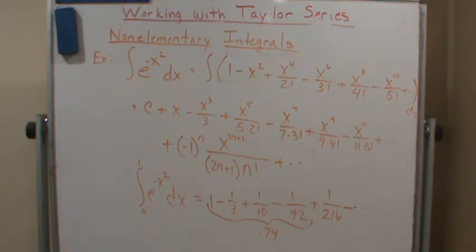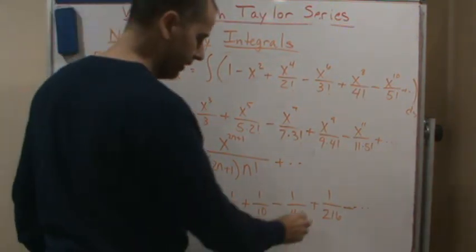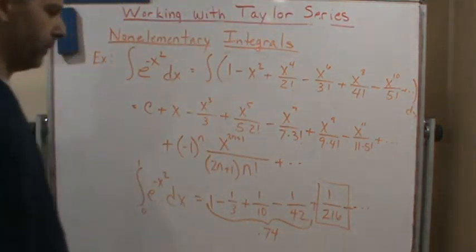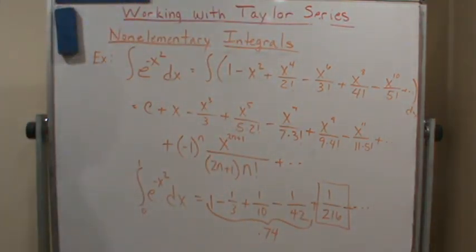Now, by the alternating series test, because this is an alternating series, this estimate is accurate to within an error of less than the next term, right? And so the next term is 1/216.